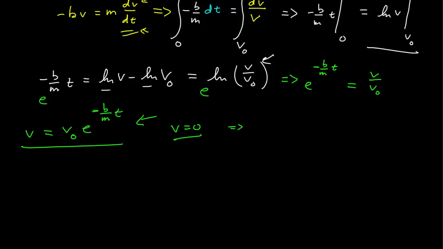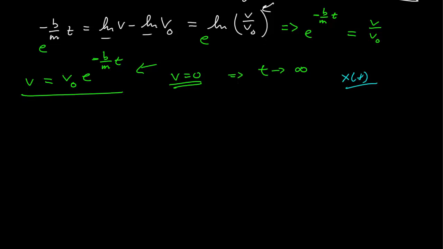So a way to say that is that the velocity equals 0 as t goes to infinity. Fortunately, despite the fact that the velocity never goes to 0, it only goes a finite distance.